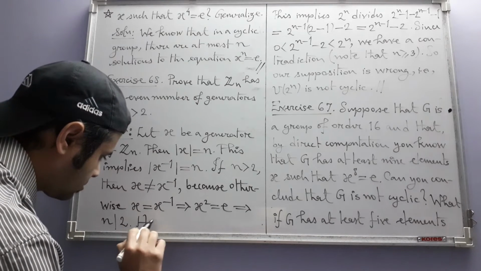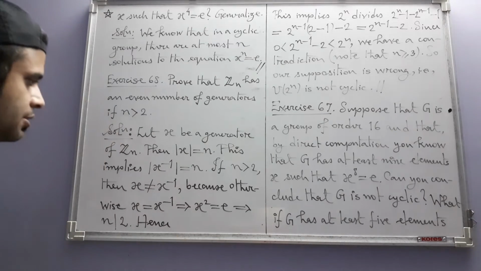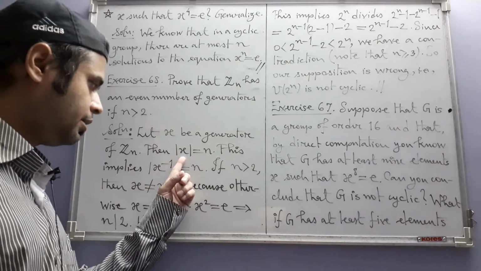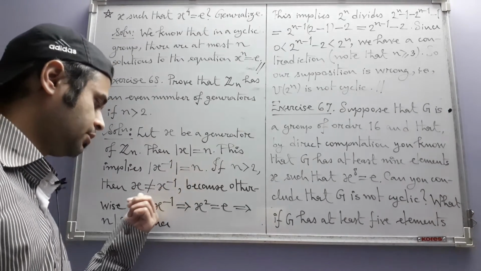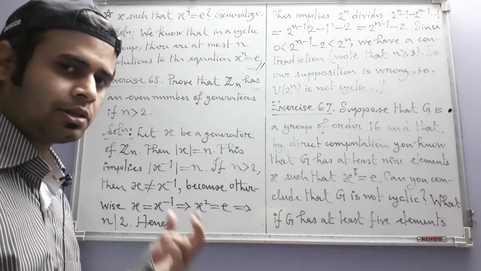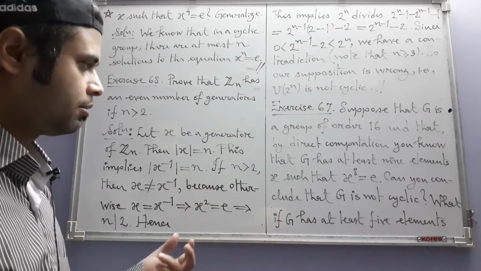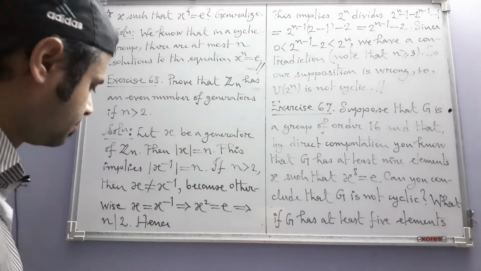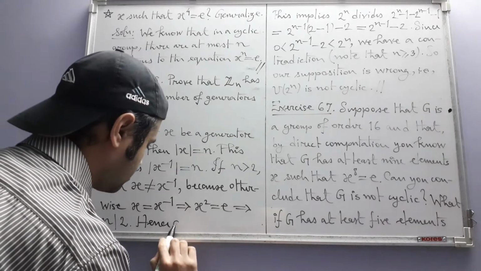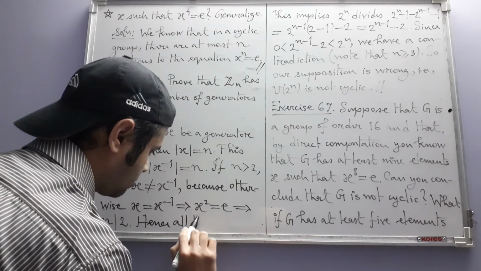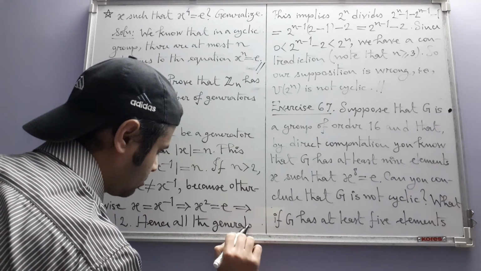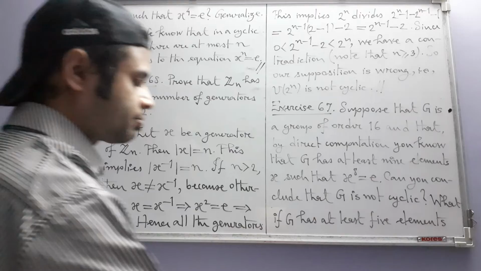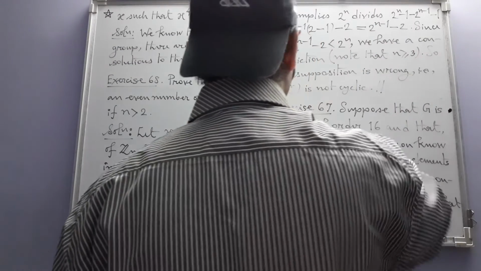Hence, we see that any generator gives us another generator which is different. So all the generators of Cn occur in pairs. Hence, all the generators.